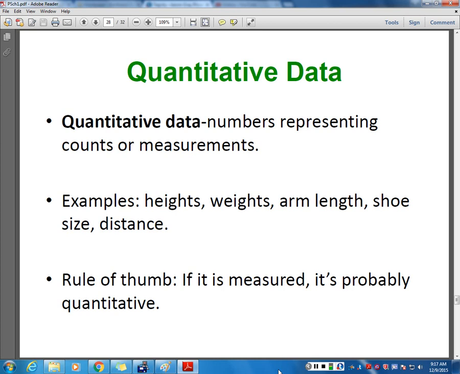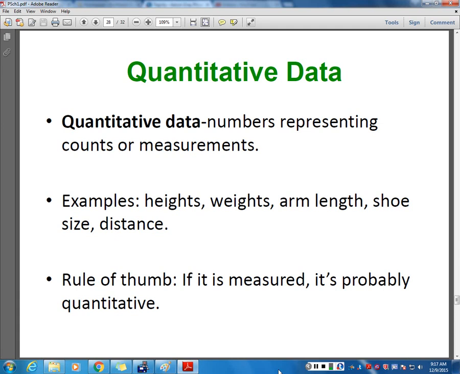Well, as mentioned earlier, data can be called categorical or quantitative. Quantitative data consist of numbers representing counts or measurements. They are quantities. Quantitative is talking about quantities. For example, heights, weights, arm length, shoe size, distance.